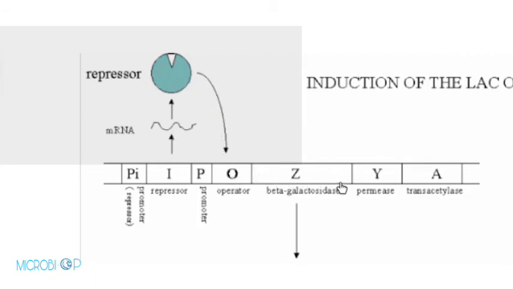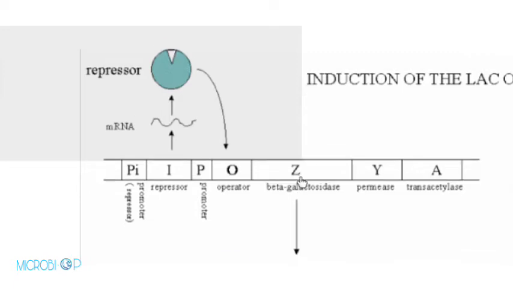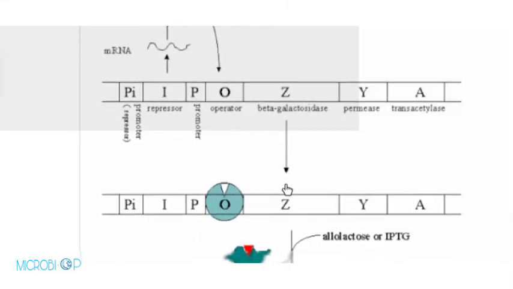This Z gene will not form any mRNA. So no translation will occur and no beta-D-galactosidase will be made. The repressor protein has bound with the operator and hence it will not produce any mRNA from the Z gene.